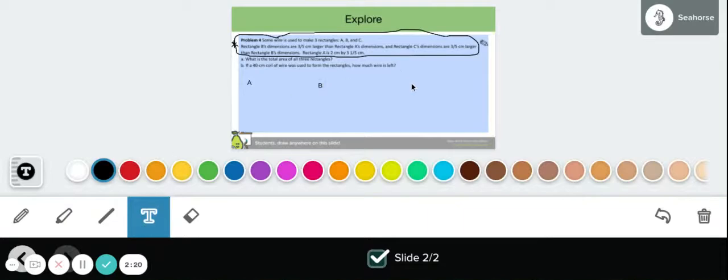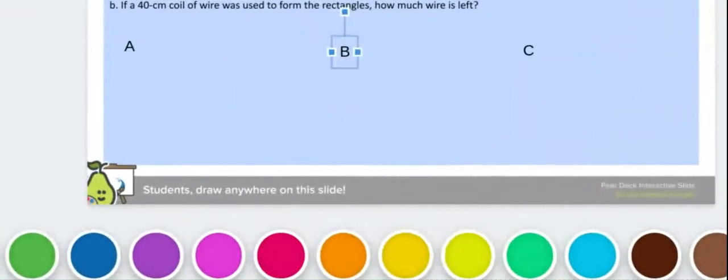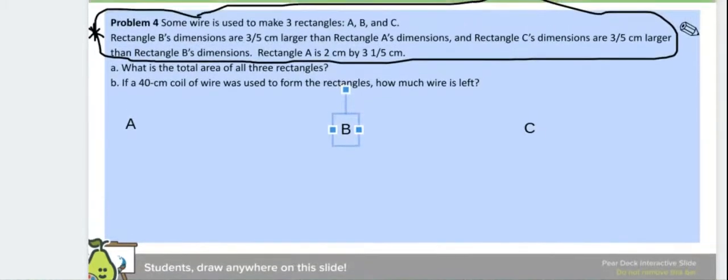Okay, perfect. Let me just slide this so it looks halfway even. So now we are going to draw a model of it, not precise, but just a representation to show the actual length and width of each of these rectangles.